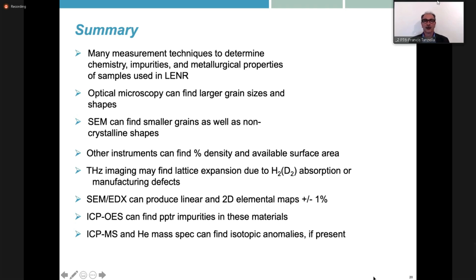Density and surface area measurements can tell you about the available voids and spaces in between. The other measurements can tell you about the chemistry. In addition, you can produce these pretty pictures from the SEM EDAX.